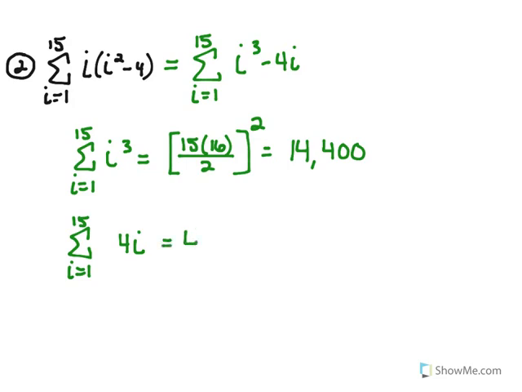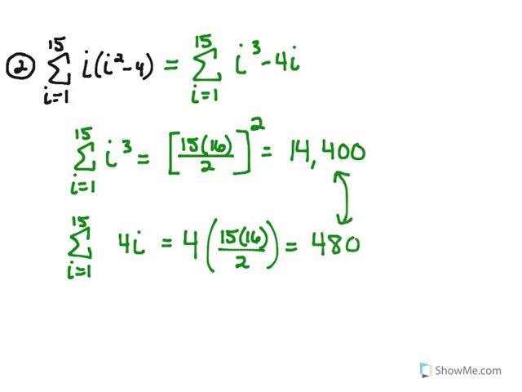So that's going to be 4 times the summation for just i, which is 15 times 16 divided by 2. So this is 4 times 120, which is 480. Since there was subtraction between the two, I'm going to subtract to get my final answer of 13,920.